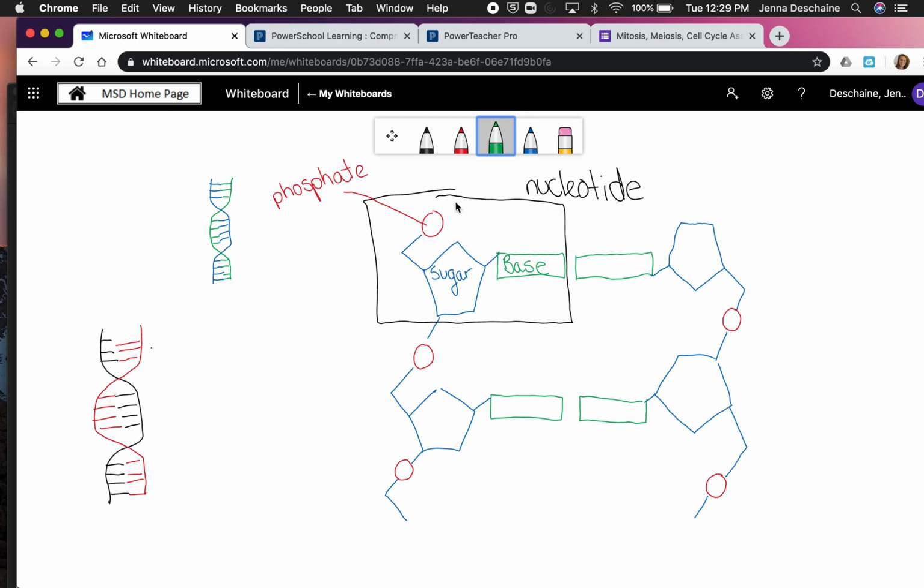Okay, so those are the three different parts of the nucleotide. Number one is the sugar. Number two is the phosphate. And number three is the base.